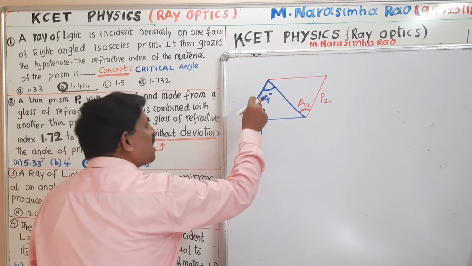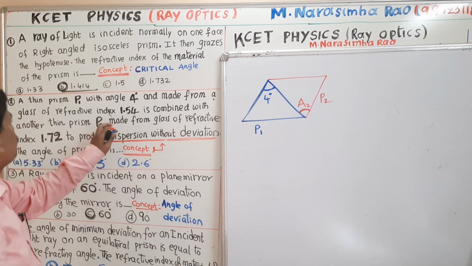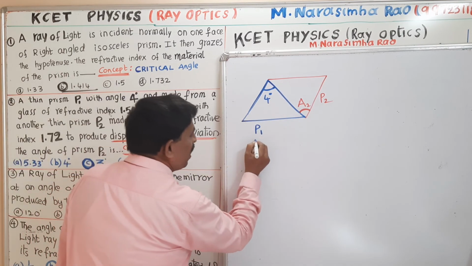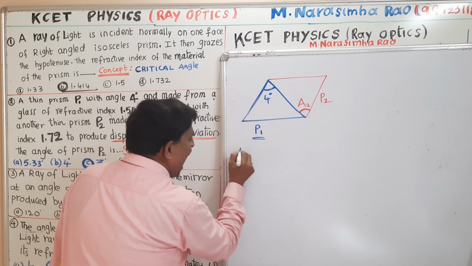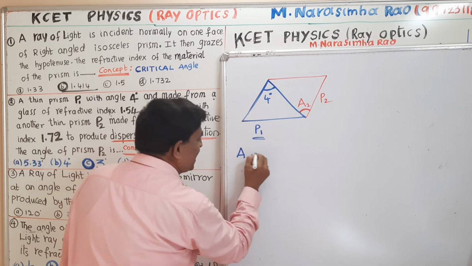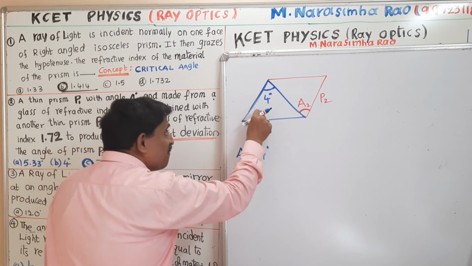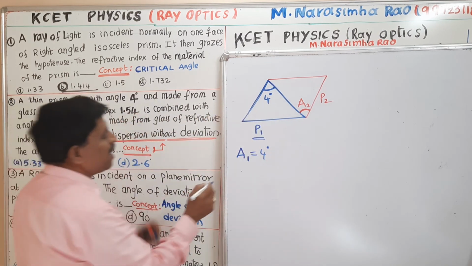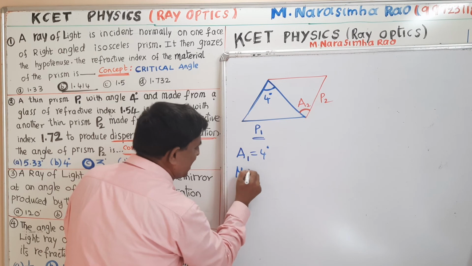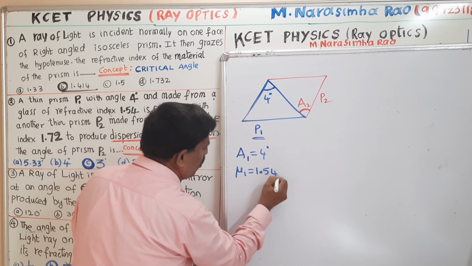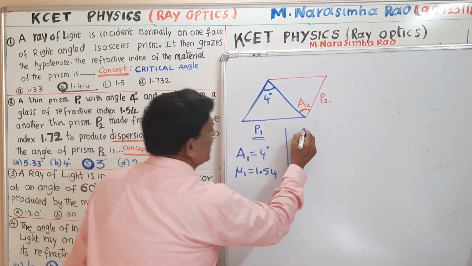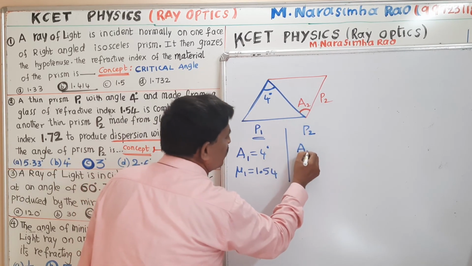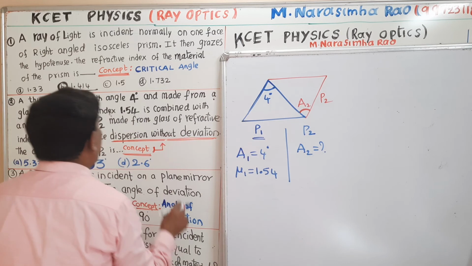Refractive index of the material of the first prism is given as 1.54. Regarding prism P1, the angle of the prism is 4 degrees, mu1 is equal to 1.54. Regarding the second prism, we have to find the angle of the prism. We don't know it.